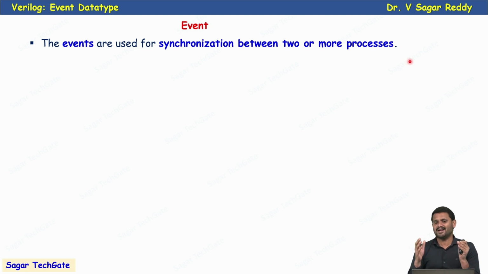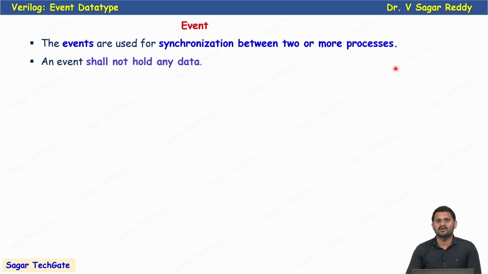If there is no begin and end, the single statement itself is a process. So event data types are used for synchronization between two or more processes in the test bench. The test bench contains n number of processes, and if we want to synchronize those processes, then we use events.